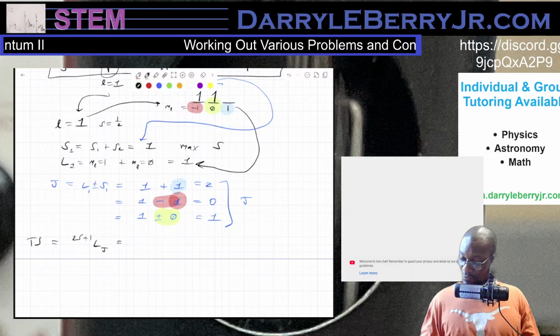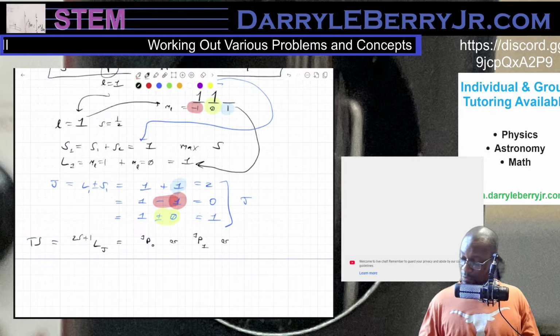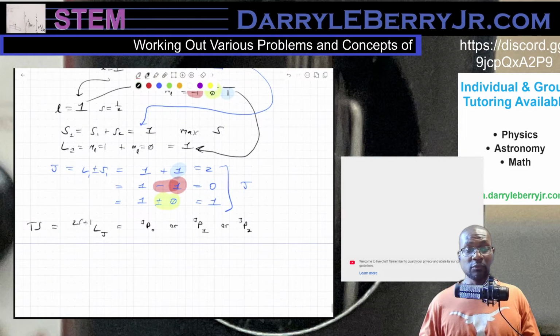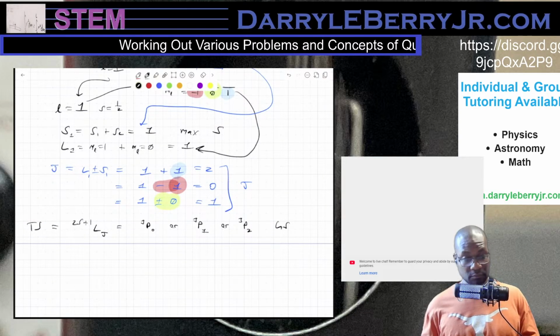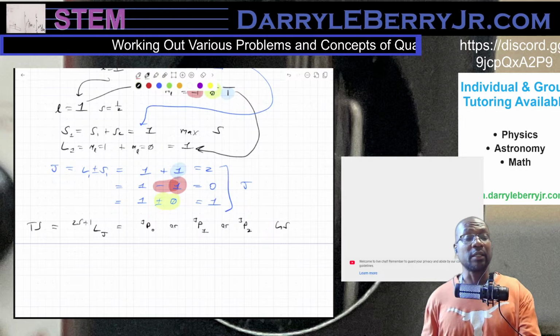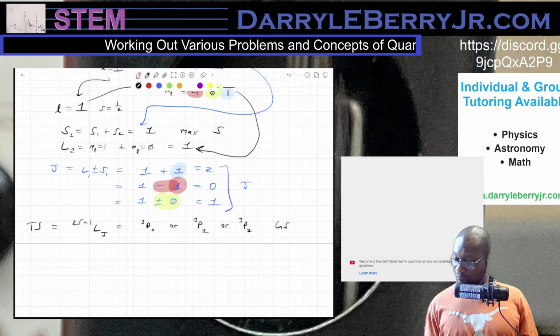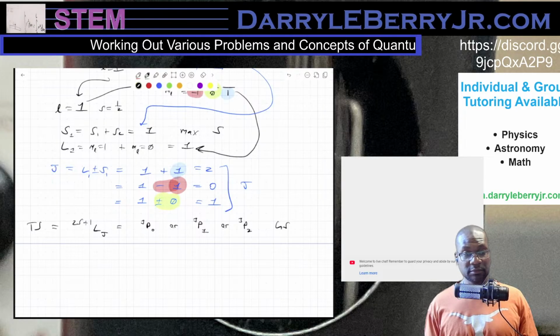So we have 3P0 or 3P1 or 3P2 for the ground state. And I'm not familiar with the excited state.